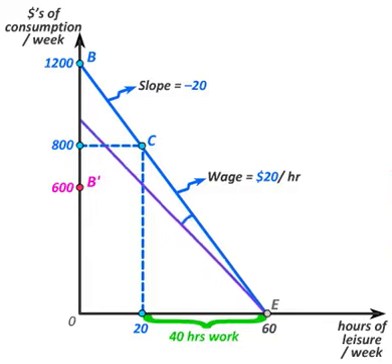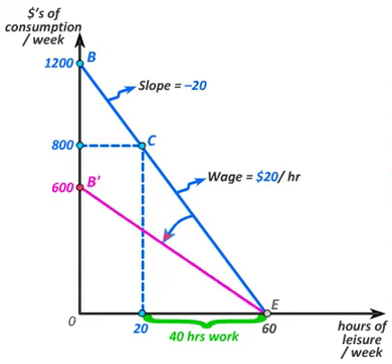This implies that the decrease in the wage will rotate the worker's budget constraint from the original blue budget to the new magenta budget, keeping in common only the bundle E, the endowment bundle, of 60 hours of leisure that the worker can always consume no matter what the wage is.